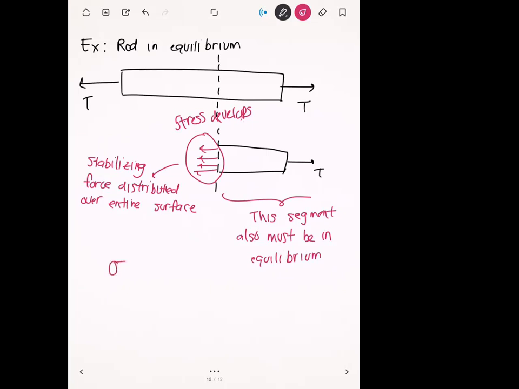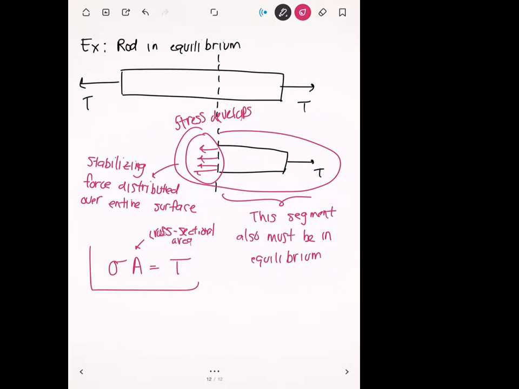And so in order to maintain equilibrium for this situation here, if we take this sigma and multiply it by the cross-sectional area of that cross-section, in order to maintain equilibrium, the product of the stress and the area has to be equal to the tensile force that we're applying on the outside.